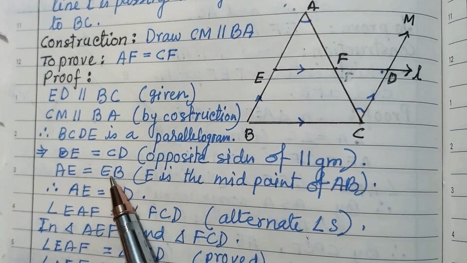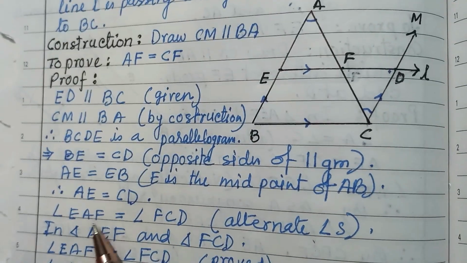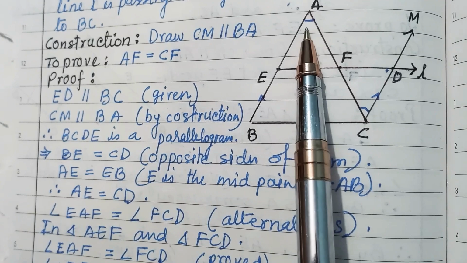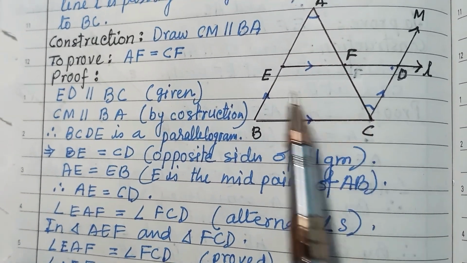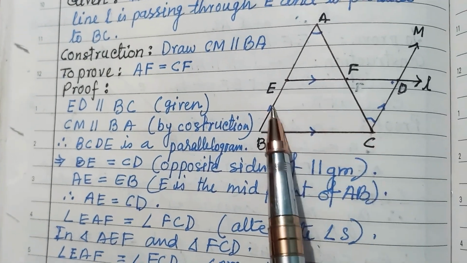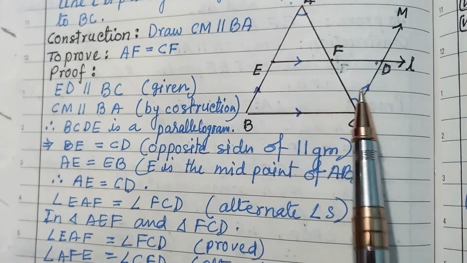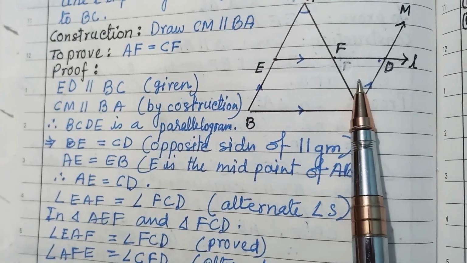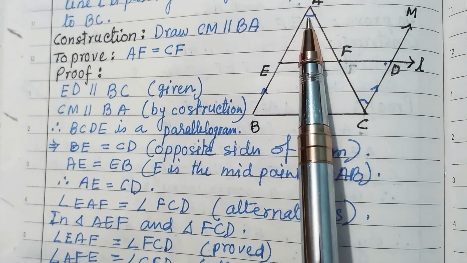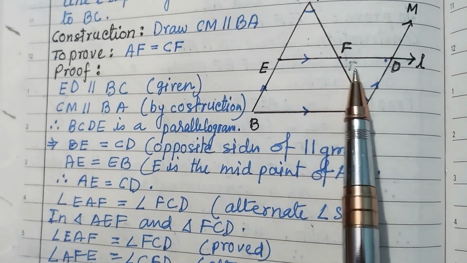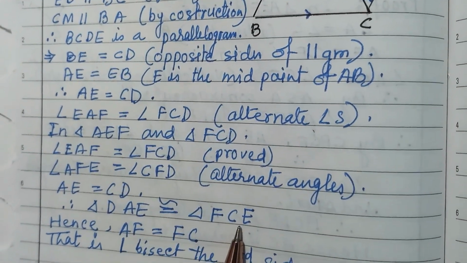Done? Now AE is equal to CD. Angle EAF and angle FCD, these two angles are alternate angles, as we already have these two lines parallel. In these two triangles, you check, this side is equal to this side, and this angle is equal to this angle, as they are alternate angles. So these two triangles are congruent by angle side angle.